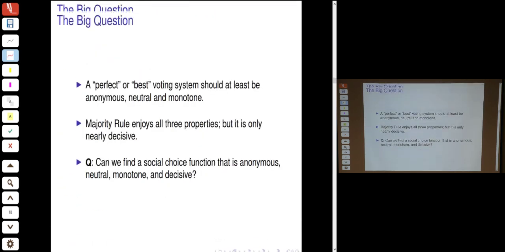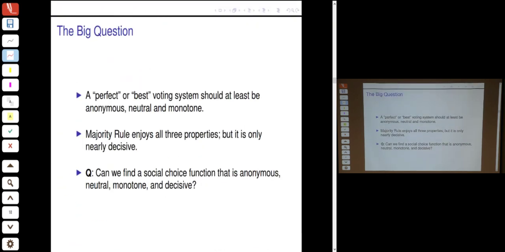So the big question is as follows. A perfect or best voting system should at least be anonymous, neutral, and monotone. And majority rule enjoys all these three properties, but it is only nearly decisive. All the properties that we discussed seem very natural to expect of a voting method.